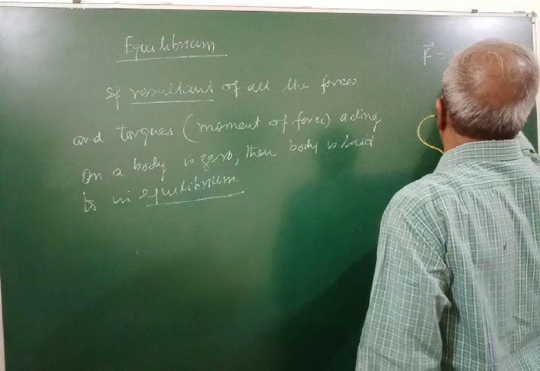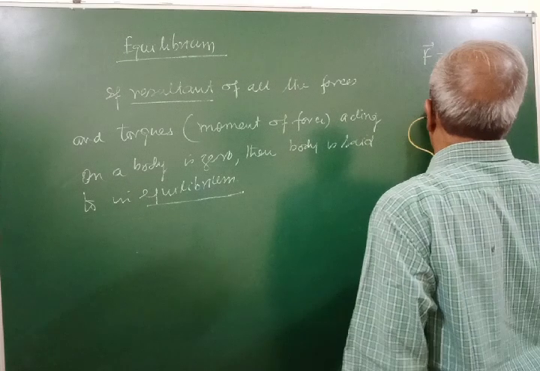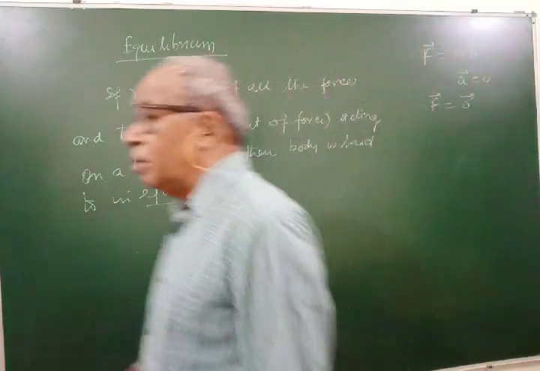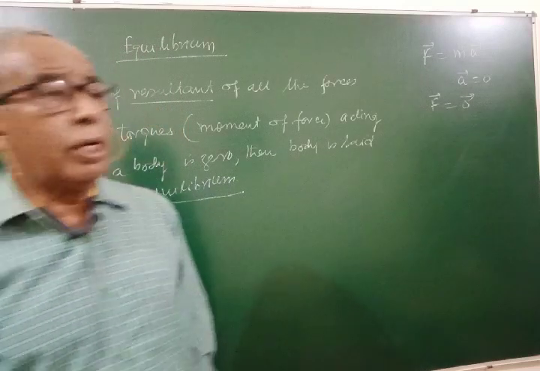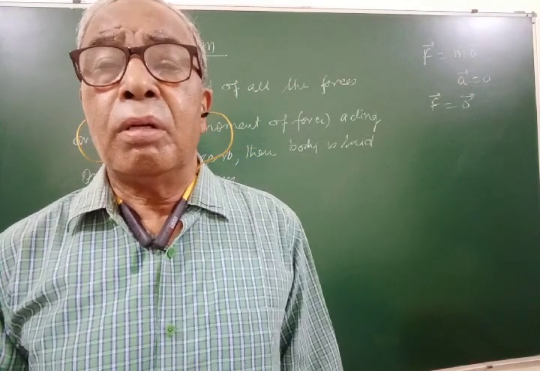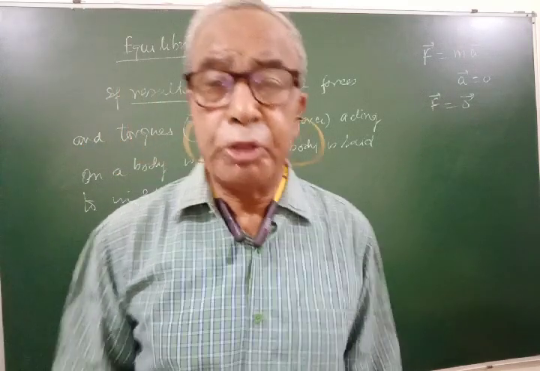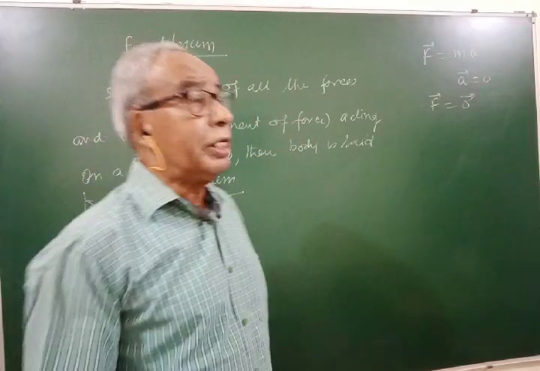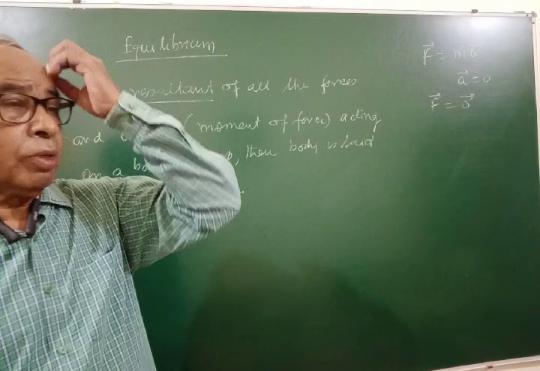If the a vector is zero, then F is zero. So the condition for equilibrium is that the resultant of force acting on the body should be zero, whether it is at rest or in motion.